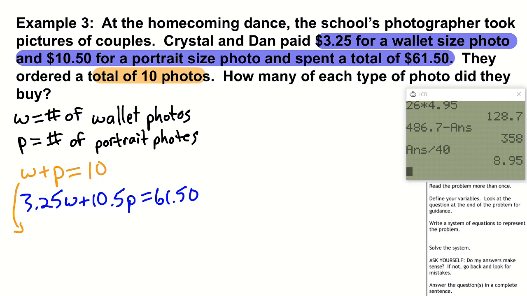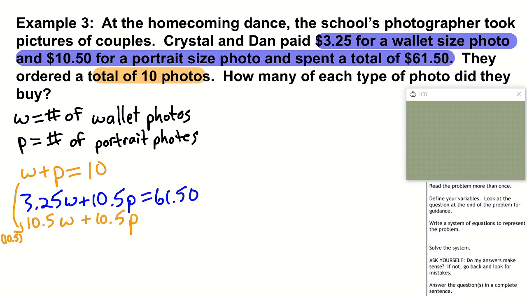So I'm going to multiply it by 10.5. When I do that, I get 10.5 W plus 10.5 P equals, well, 10 times 10.5. Let's just make sure that we do that correctly. It's going to be 105. All right. Questions so far?